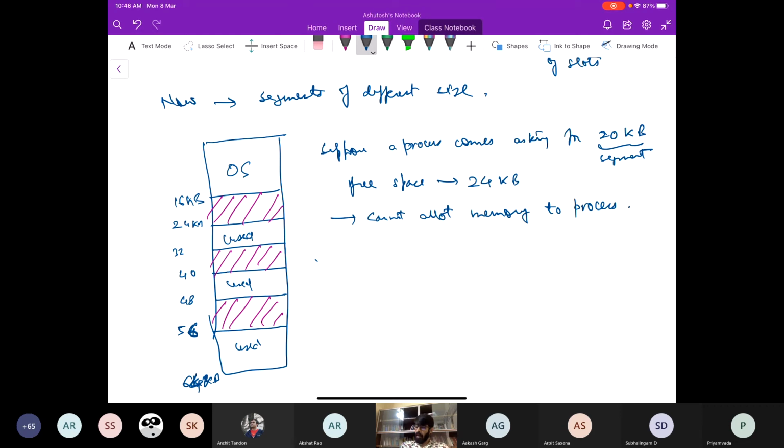Another problem can be that growing a segment might not be possible because some other segment started just above that or below that.